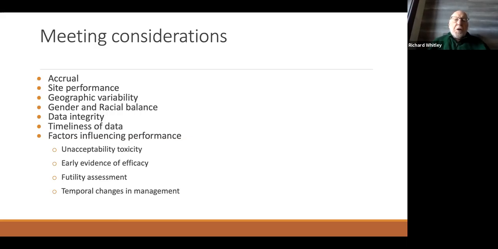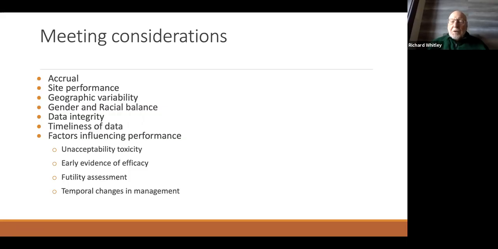Factors which influence performance of a clinical trial include unacceptable toxicity, early evidence of efficacy, futility assessment, and then there clearly may be changes in the temporal management of disease, which make the study that is being assessed by the Data Safety and Monitoring Board out of date.